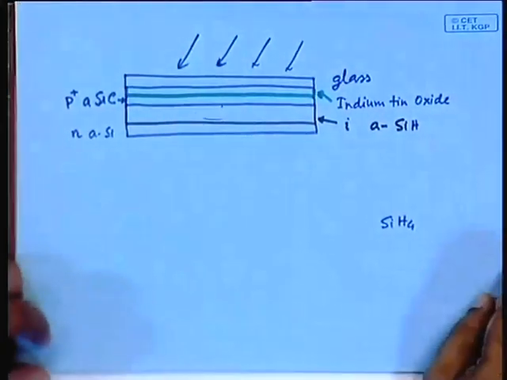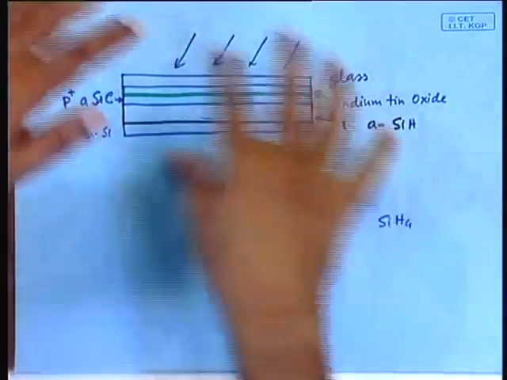Nowadays even people have put these amorphous silicon solar cells into sheets that can be rolled. So, instead of glass you put some plastic material on which the whole thing is grown, and the things can be rolled, and you can put it on top of anything, even on top of aeroplanes.